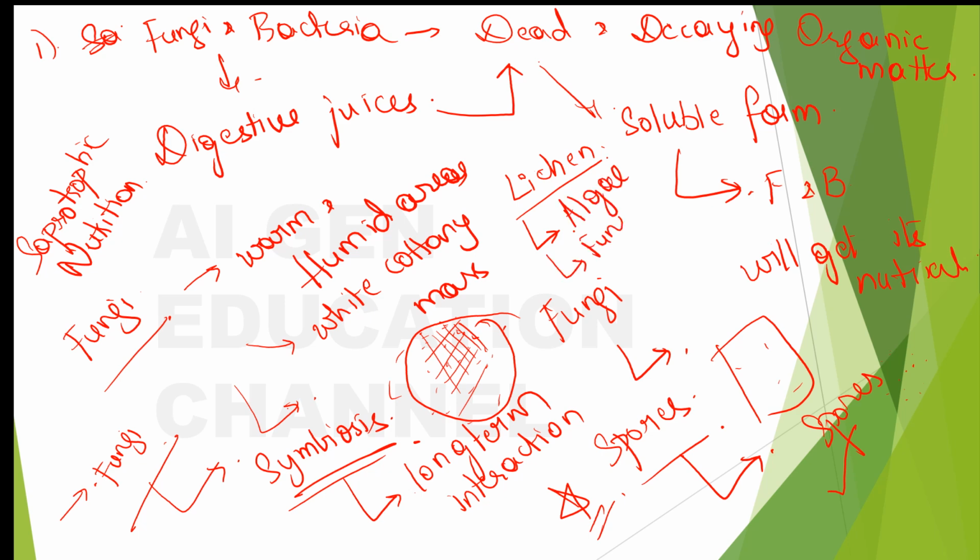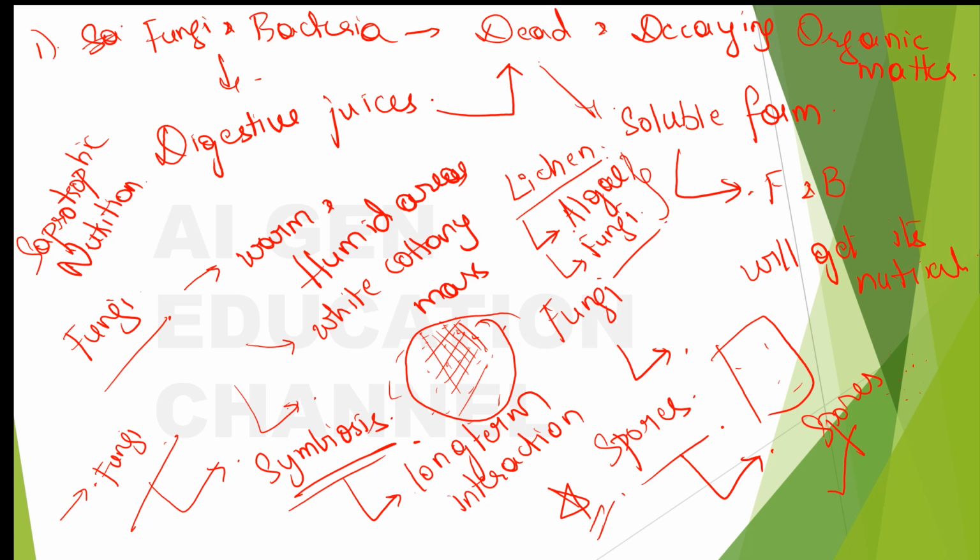So what are the benefits? Now you can see, what is algae? Algae is an autotroph, right? And how about the fungi? Fungi is a saprotroph. So here algae provides the food material to the fungus. And in return what happens? The fungus will provide shelter, water and minerals to the algae. So in this way these two live together.